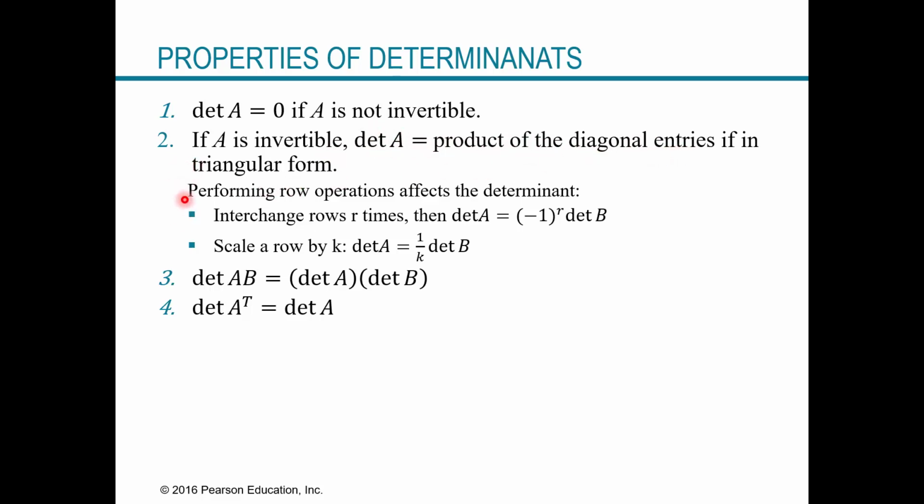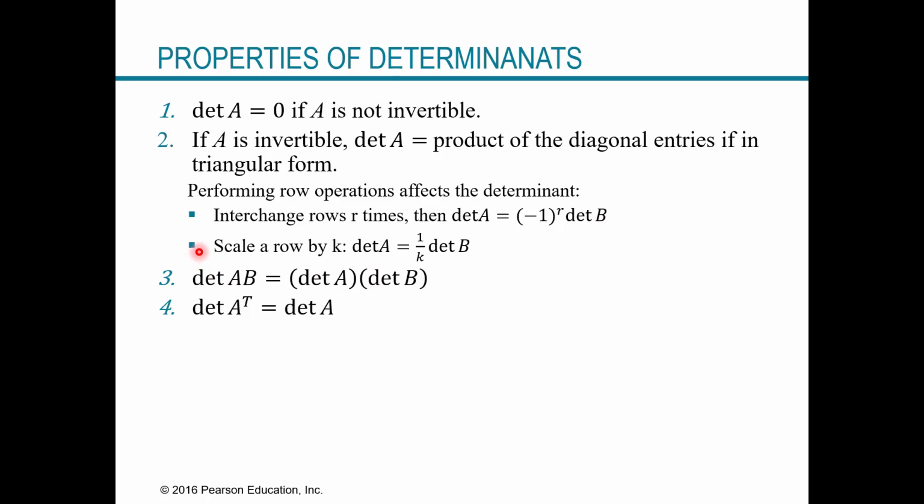But if you have to get to triangular form by doing some row operations, remember that can actually affect the determinant. If you interchange rows a total of r times to get to triangular form, then the determinant of A is -1 to the r power times the determinant of the result you got once you got to triangular form.